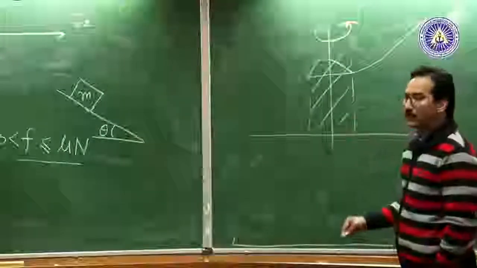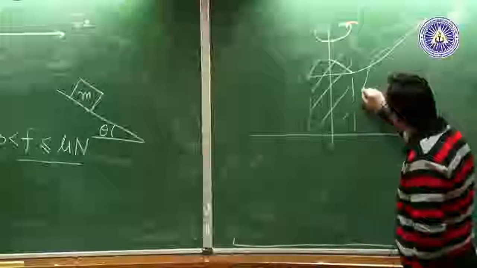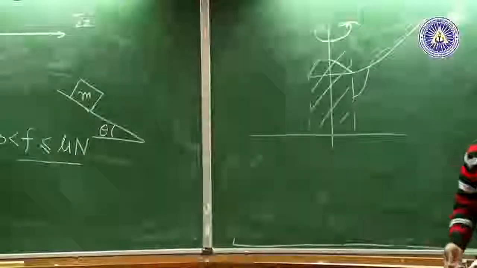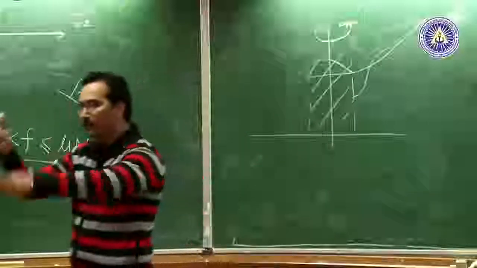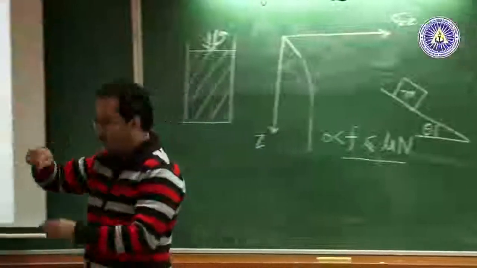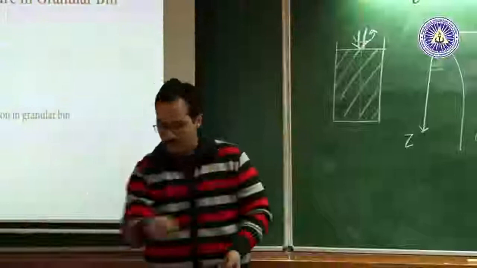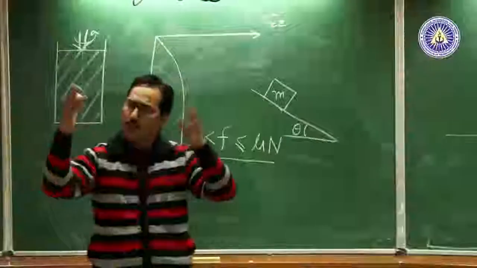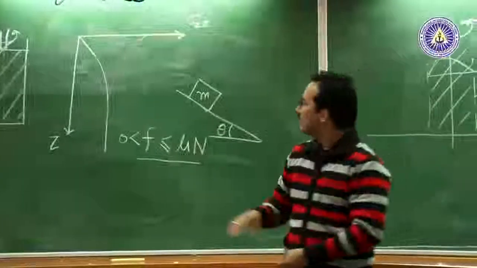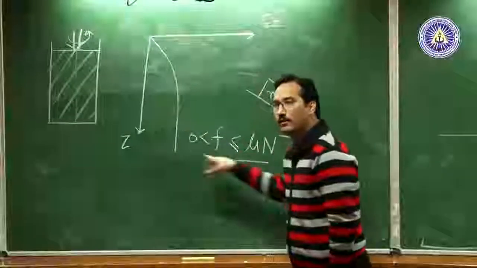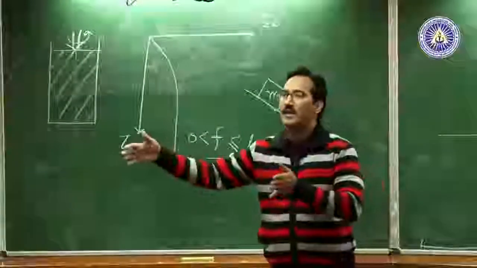If I take a surface like this, this surface is also stable. What I am trying to emphasize is that if I have a rotating bowl of granular materials and I poke it with something, I can get all possible shapes that you can imagine, and they'll be fairly stable as long as you're not violating this friction, because there is a wide range of possibility.